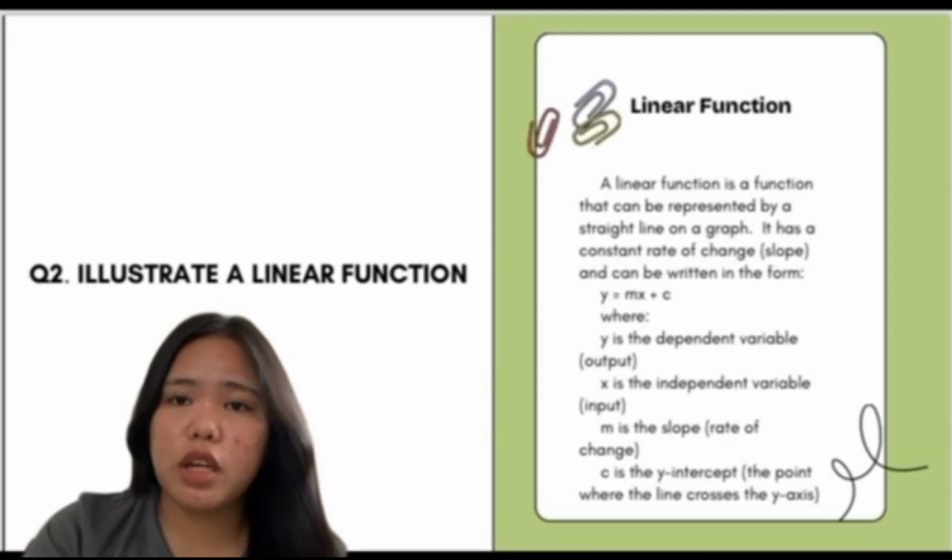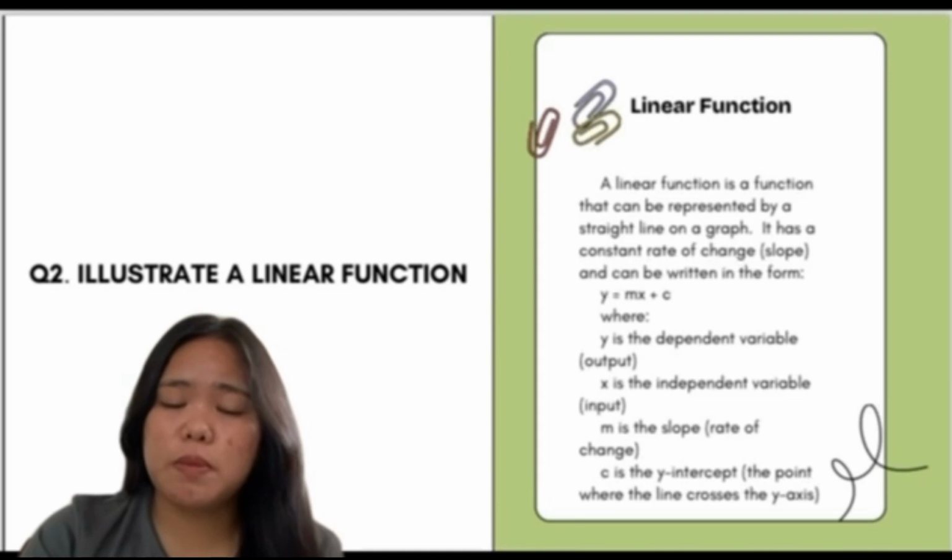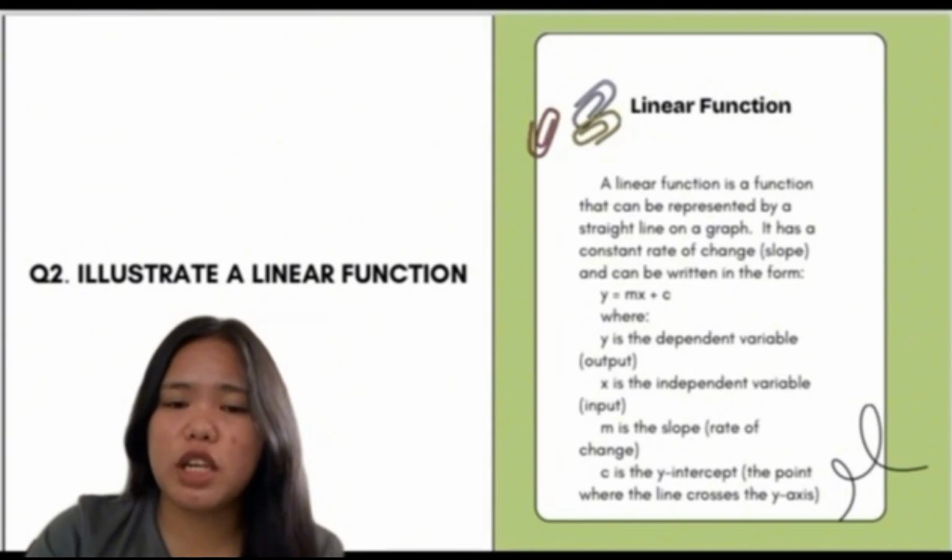It has a constant rate of change or slope and can be written in the form y equals mx plus c, where y is the dependent variable or output and x is the independent variable or input. The m is the slope or rate of change. The c is the y-intercept, the point where the line crosses the y-axis.